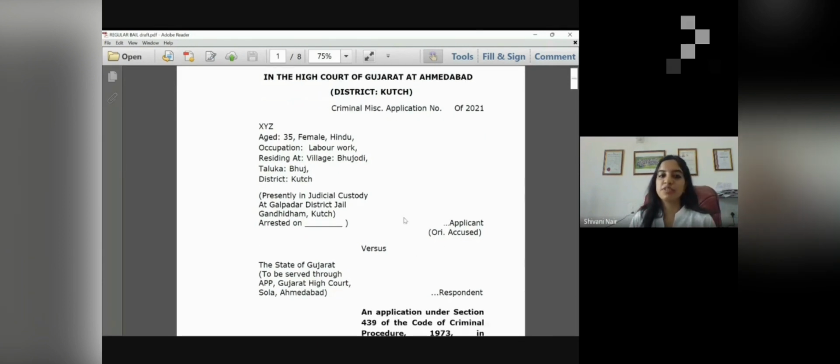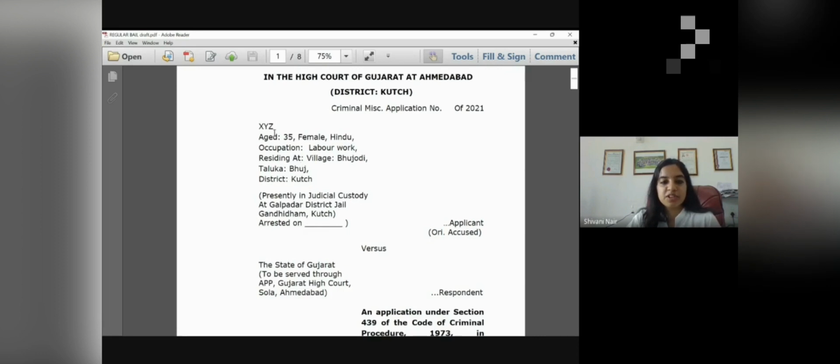This is how the draft of a regular bail application in the High Court under Section 439 looks. Here we are talking about the High Court of Gujarat at Ahmedabad, District Kutch, which means the offense took place in District Kutch. Criminal miscellaneous application number so and so of 2021-22, whatever it would be.